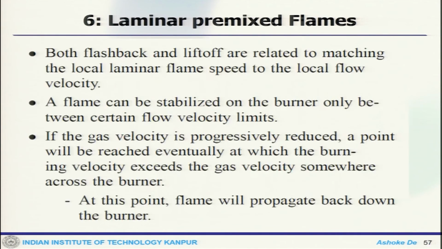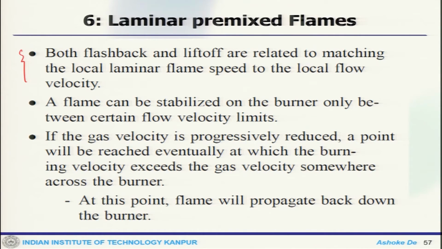Now, more to it, both of these phenomena, the flashback and lift off, are related to matching the local flame speed to the local flow velocity. So, that is quite important when one wants to avoid this.